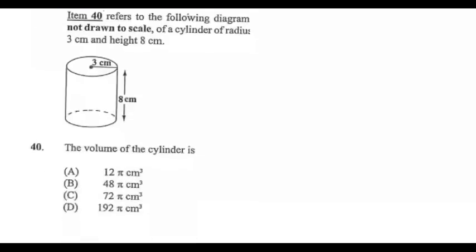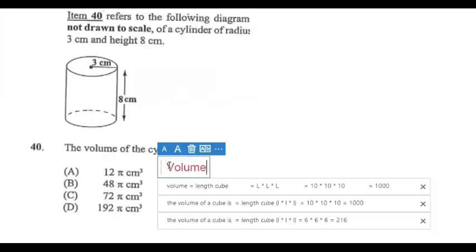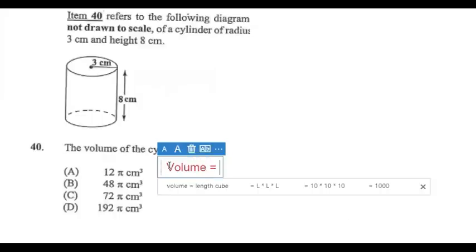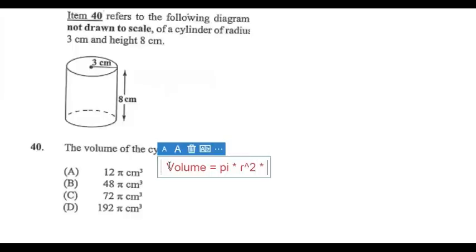40 refers to the following diagram, not drawn to scale, of a cylinder of radius 3 centimeters and height 8 centimeters. The volume of the cylinder is... So remember, the volume of a cylinder is equal to pi multiplied by r squared multiplied by height.